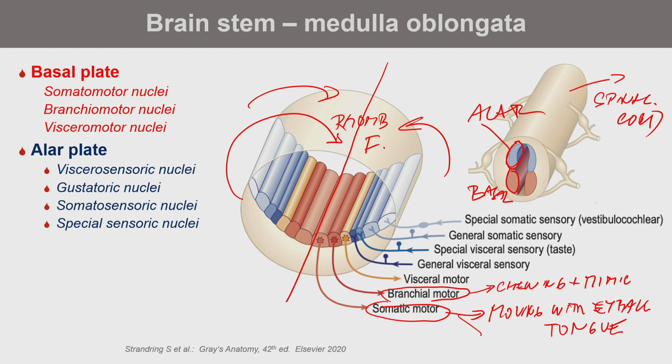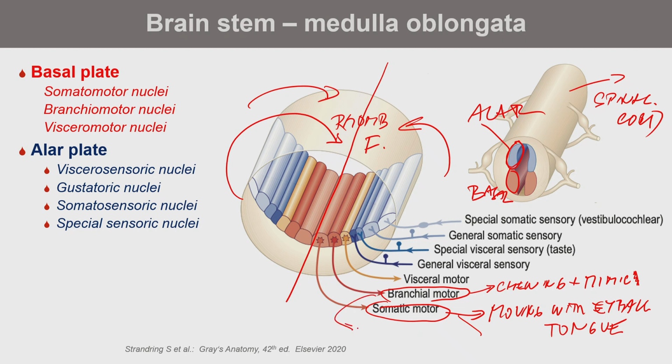Branchia are breathing organs of water animals, for fish, sharks, and some larval parts of the life of the amphibia. In our body, they are typically those which are moving the mimics and those which are moving with chewing.